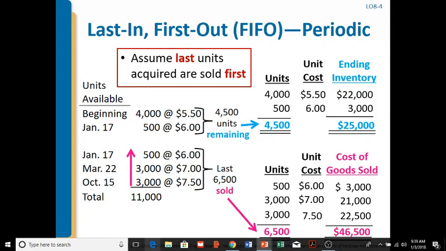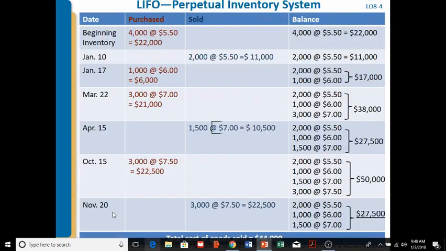Again, what you're doing is you're just doing this at the end of the year, calculating based upon what you have available at the end of the year and segregating between the units that you sold versus the units you still have on hand. Now, LIFO calculations under the perpetual system are done during each sale.